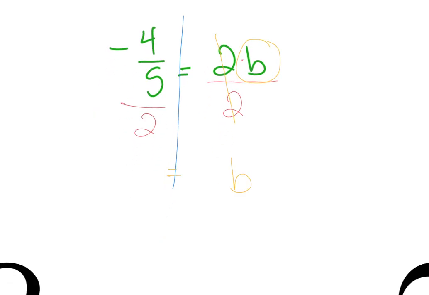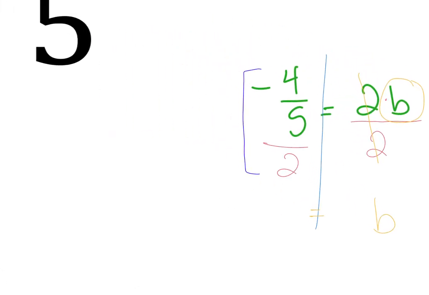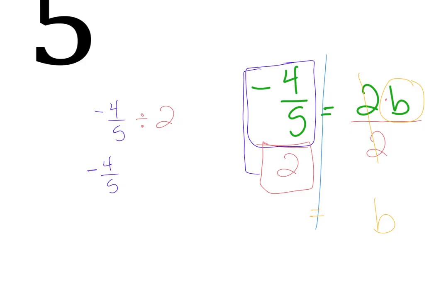Here's b. And then what I thought was maybe going to be a little tricky for you is this right here, negative 4/5, that's this part, is being divided by 2. And I know you guys love fractions, so reminder, when you divide by fractions, you actually multiply and you flip that second one.